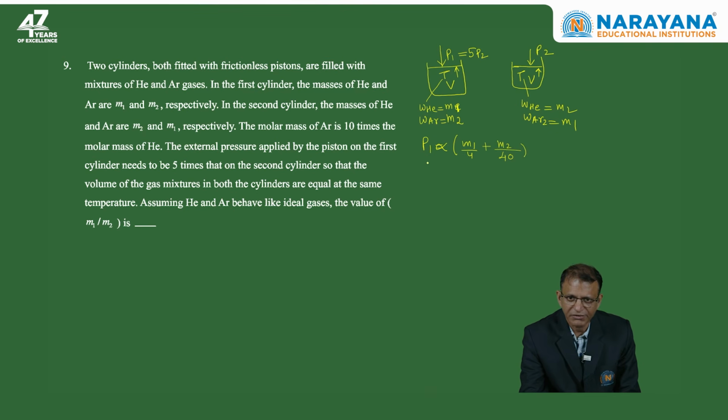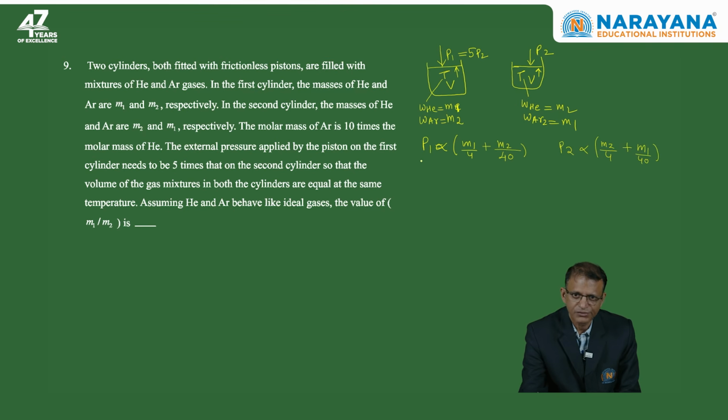So this is one equation. For the other equation, from this cylinder we can write that pressure P2 is directly proportional to the mass of helium gas, which is m2 now, divided by the molar mass 4, plus the mass of argon gas, which is m1 now, divided by the molar mass 40.